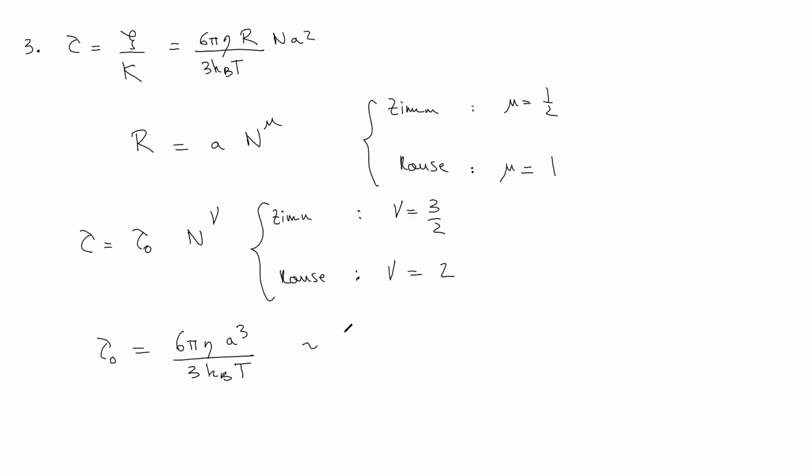This is essentially, if I write it this way, times A squared. Okay, and so this is essentially D0, or 1 over D0. So it's the time needed for a monomer to diffuse over its own size.